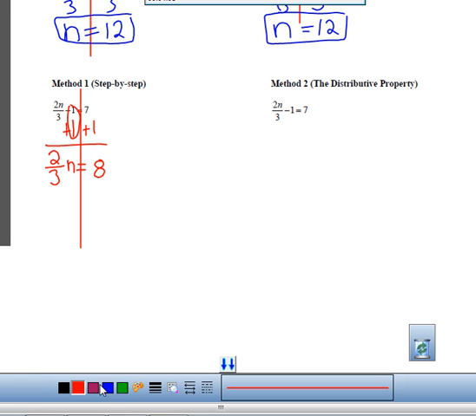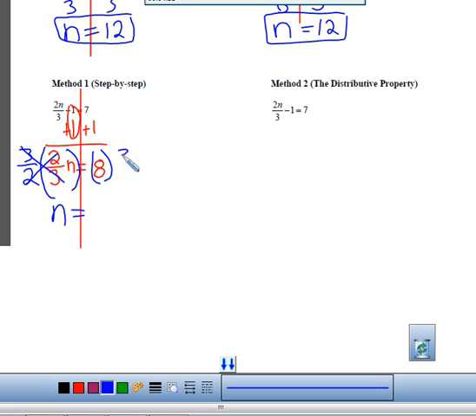Now another strategy for dealing with fractions is to multiply both sides by the reciprocal. And I know I've talked about that before, because if you multiply by the reciprocal, the numerators and the denominators almost like cancel out. How about this? 3 times 2 is 6, 2 times 3 is 6, 6 over 6 is 1n, or just n.